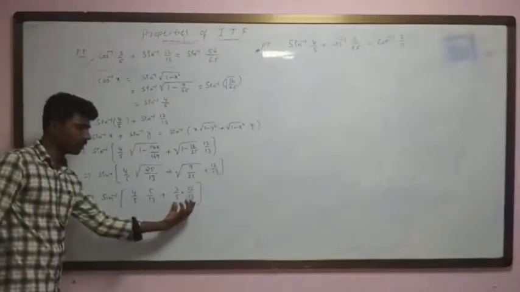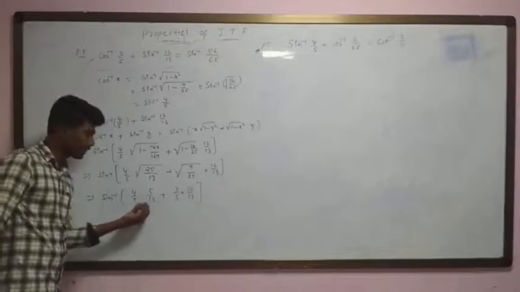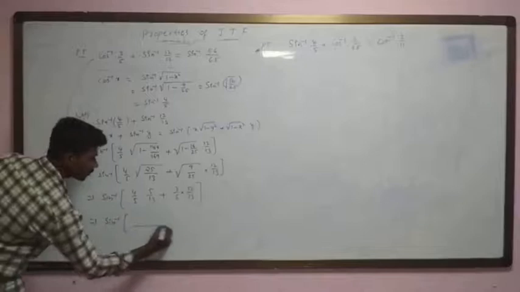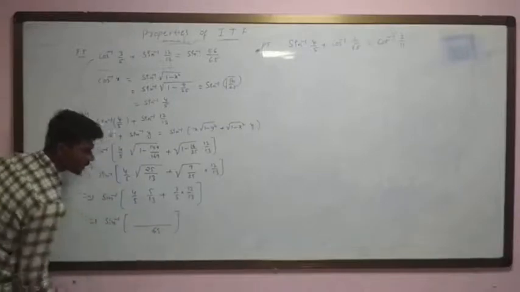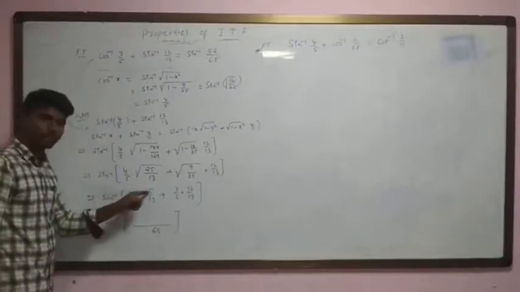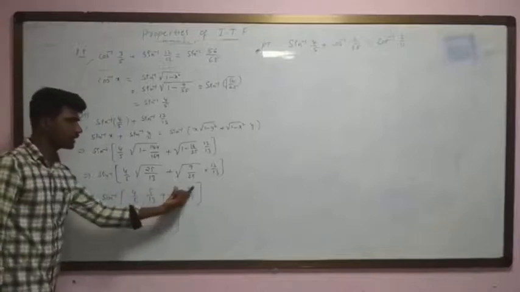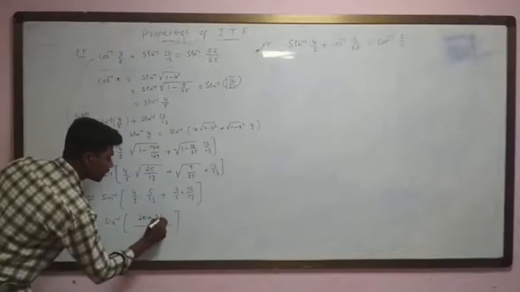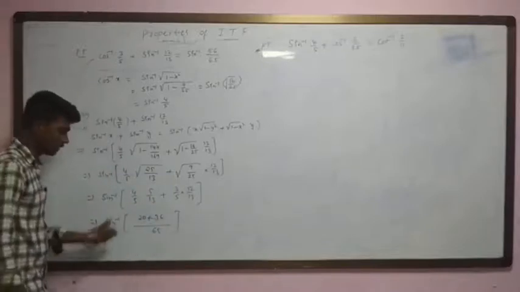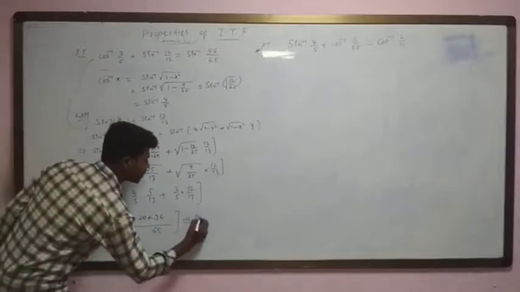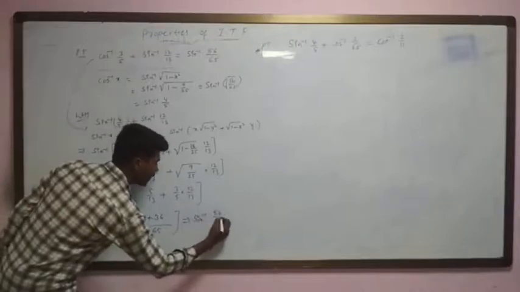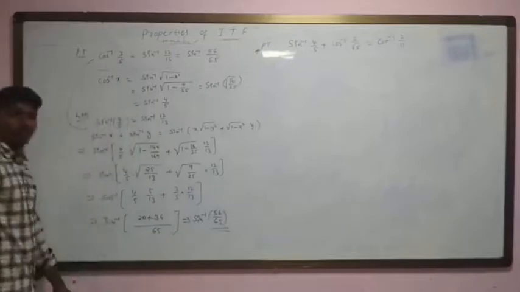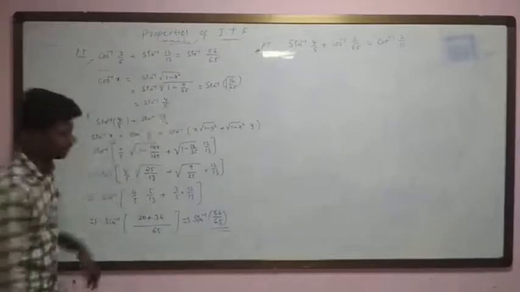We have 5 into 13, 5 into 13, so we can take it as LCM. 5 13s are 65, so in the denominator we get 65. 4 5s are 20 plus 3 12s are 36. 20 plus 36 is 56. We get the answer as sine inverse of 56 by 65, which is RHS.